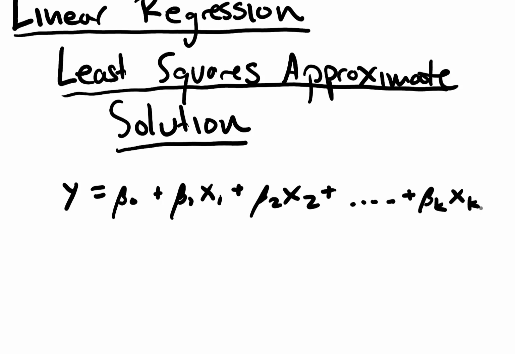In this model, y is our dependent variable. That's what we're trying to predict. If we're looking at house values, what we're trying to predict is the value of the house.